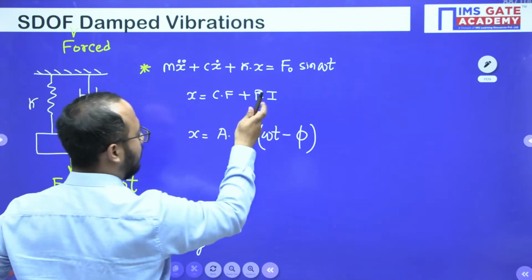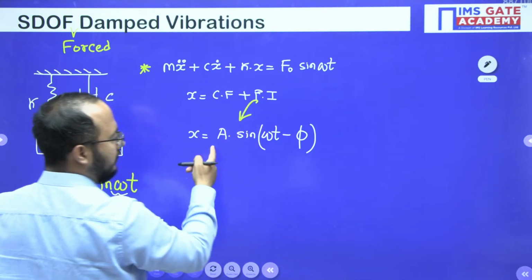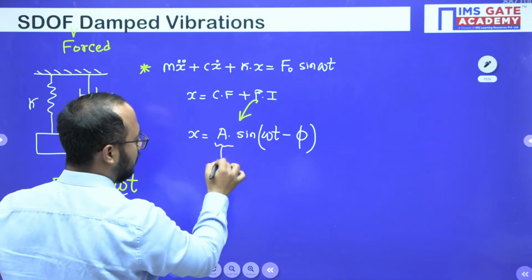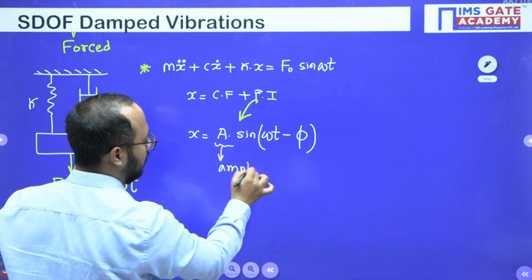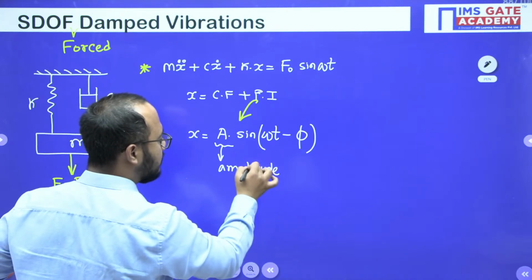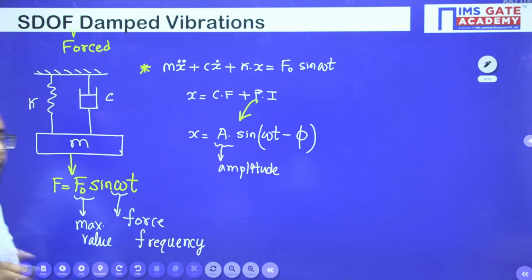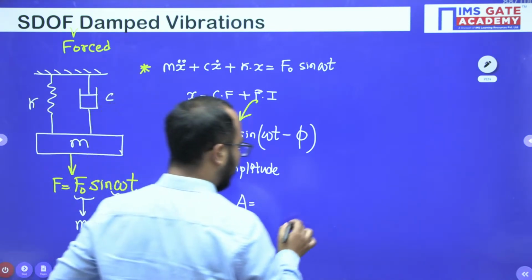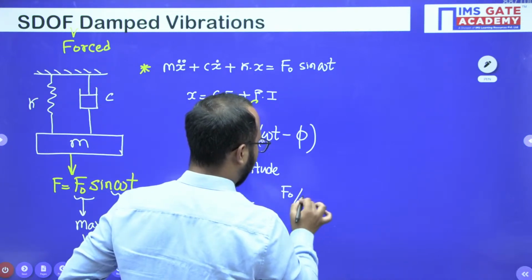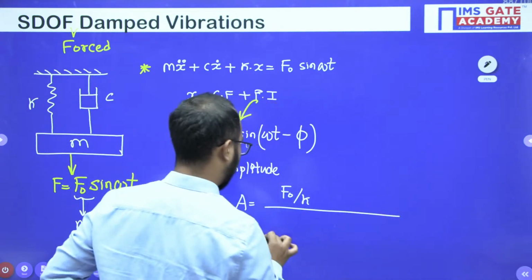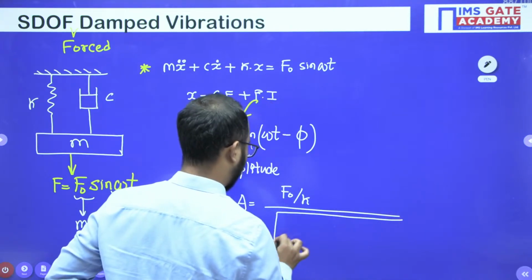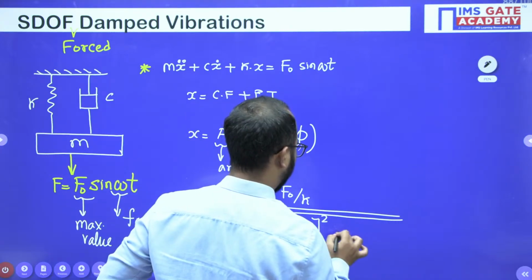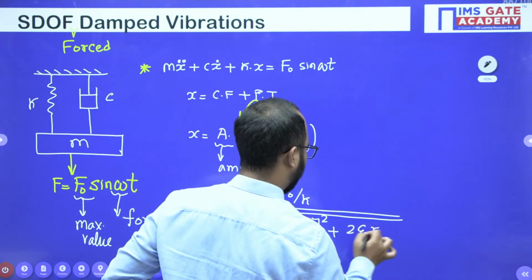In the particular integral solution, we need to understand A. A is the amplitude here. We need to see that, because this amplitude is independent of time, right? That is the most important point. See, A value equals, remember everyone, F naught by K divided by the square root of (1 minus R square) whole square plus (2 psi R) whole square.